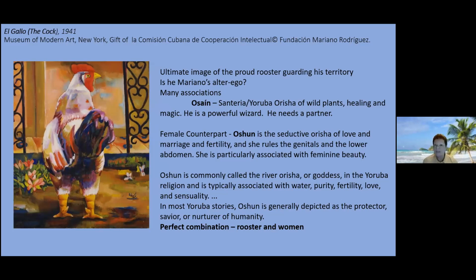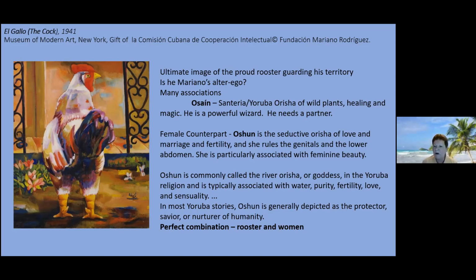There are other associations with the image of the rooster in Cuba. Osain in Santeria is the Yoruba orisha of wild plants, healing and magic. He is a powerful wizard. He needs a partner. The female counterpart is Oshun, the seductive orisha of love and marriage and fertility, and she rules the genitals and the lower abdomen. She's particularly associated with feminine beauty and, of course, fertility.